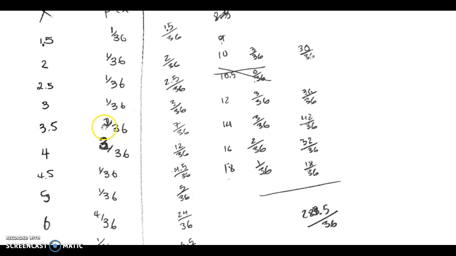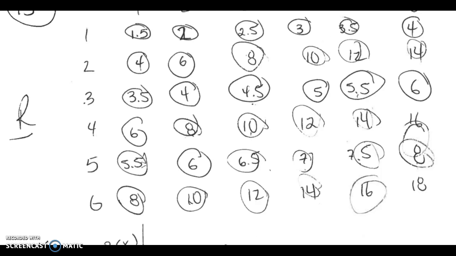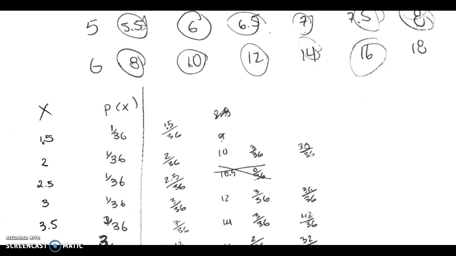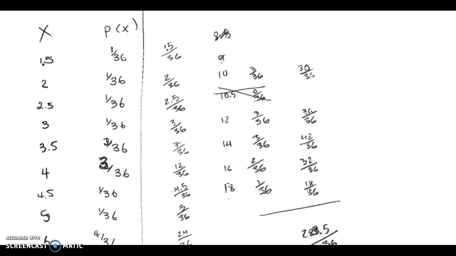But look at 3.5, that's a 2 out of 36. 4, if we go up to the table, how many times can I get a 4? I can get it 1, 2, 3 times, if you look for all the 4s. The reason that they're circles is we were trying to keep track of the totals as we were going along, so we were circling them as we were counting them. So 4 came up 3 out of 36.